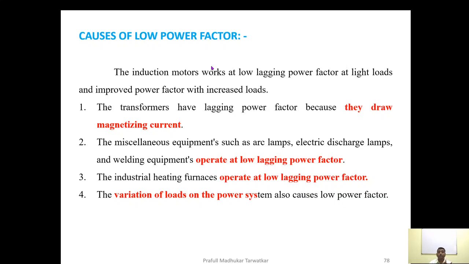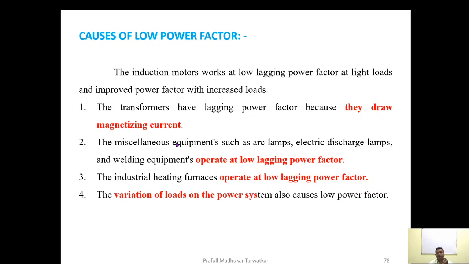Now what are the various causes of having a low power factor in the circuit or in the system? The very first thing: transformers which are installed in the circuit draw magnetizing current. For setting up flux in the circuit, the transformer draws the magnetizing current, which is a major cause of a lagging power factor.